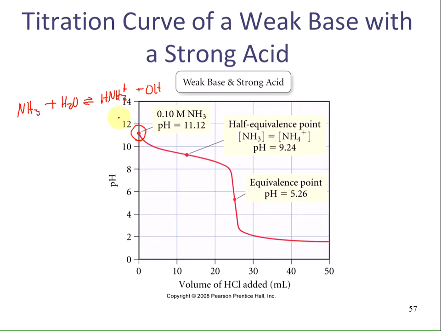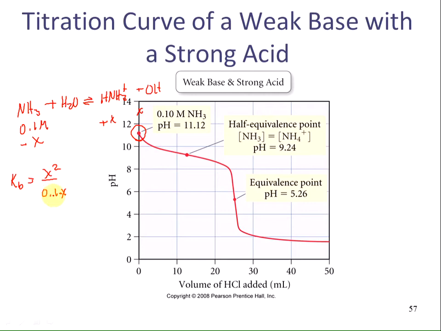So at this initial value where you don't have any HCl added, if you know it's 0.1 molar and nothing else has been added, minus x plus x plus x, so the Kb equals x squared over 0.1 minus x.